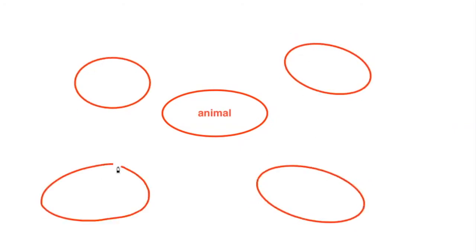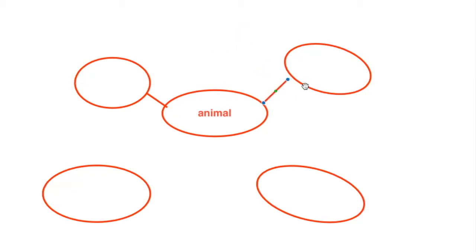So I'm going to do a couple of circles or ovals here in different places just to show you how this would work. I'm going to have my animal character and its different characteristics described in each bubble.